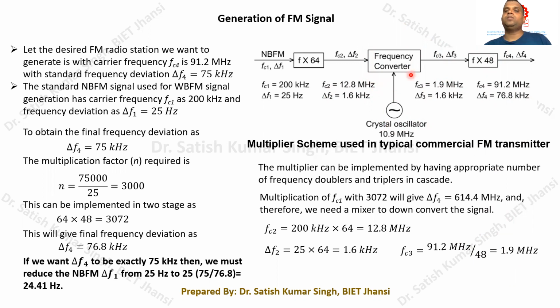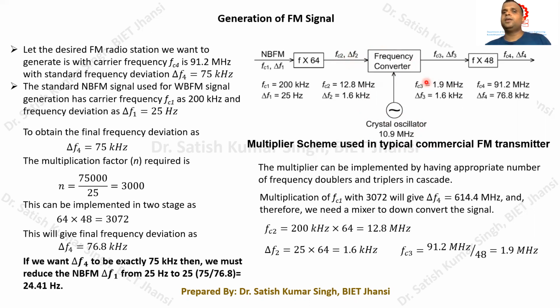We give this signal as an input, and then we select the crystal oscillator frequency such that the difference between FC2 and FL, or FL minus FC2, gives a value equal to 1.9 megahertz.